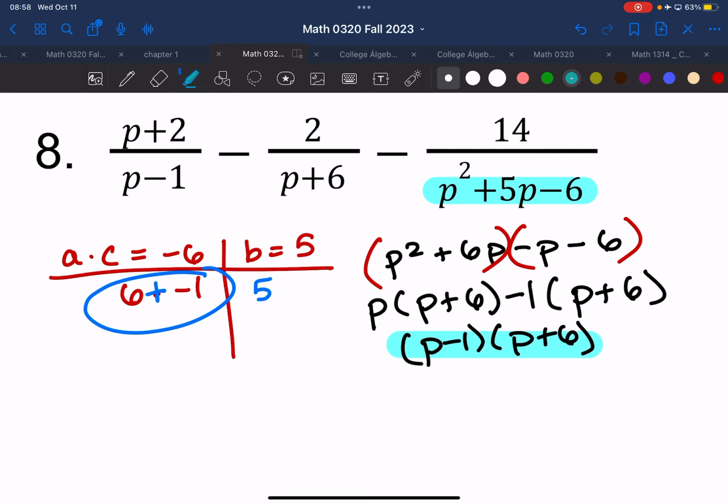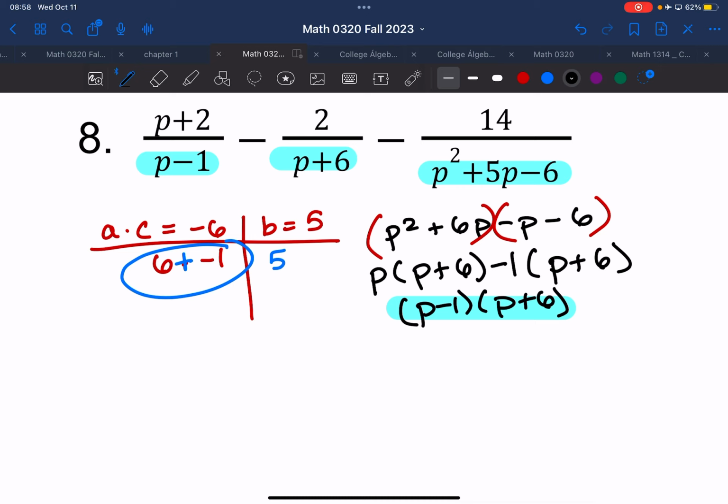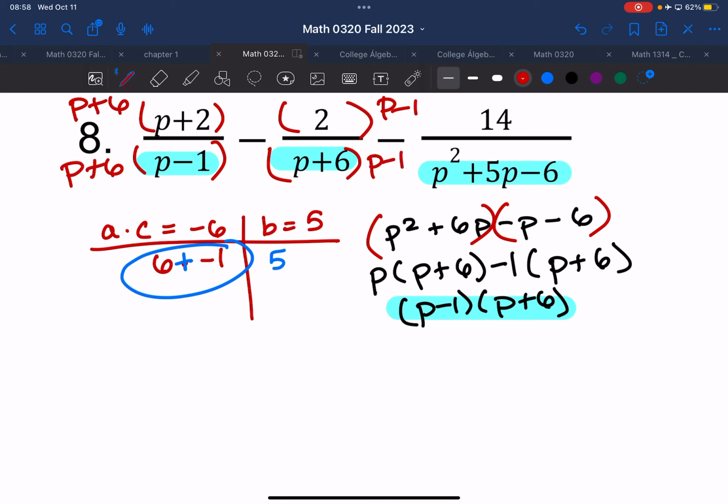Where else do we see those factors? Good, the denominator is here. So that's telling us that the first fraction is missing what? The p plus 6, and the second fraction is missing p minus 1. Okay, so I'm going to go ahead now and multiply this first fraction by p plus 6, and the second fraction by p minus 1, because that's what it's missing. And what about that third fraction?